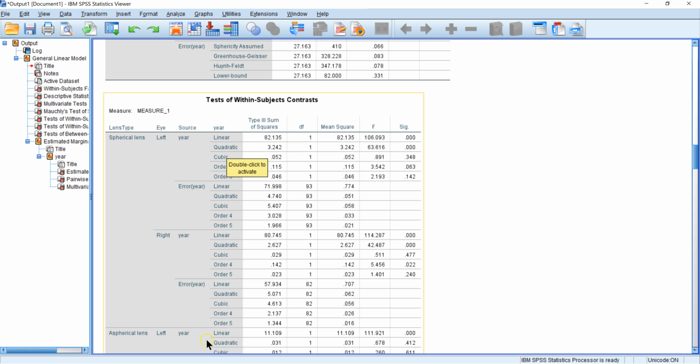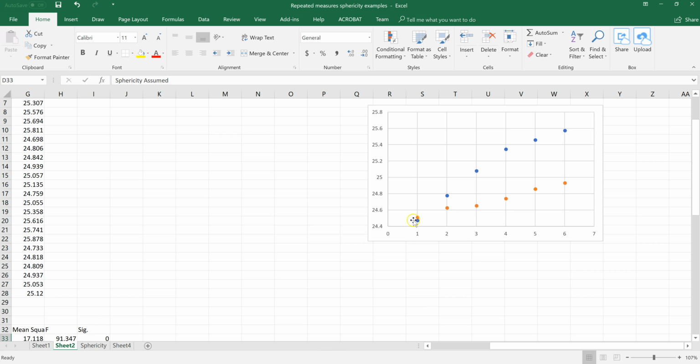In aspheric, we have a significant linear and a non-significant quadratic. That means no bend. What does that mean in our graph? We look at it, the aspheric is just straight up. The spheric has this little bend here as it's starting to flatten off as the years grow up. But aspheric is pretty much straight.